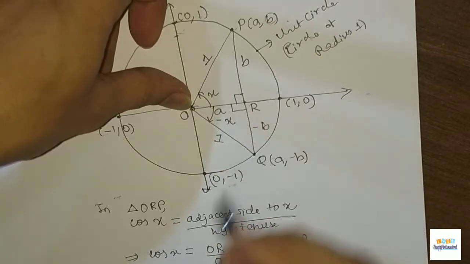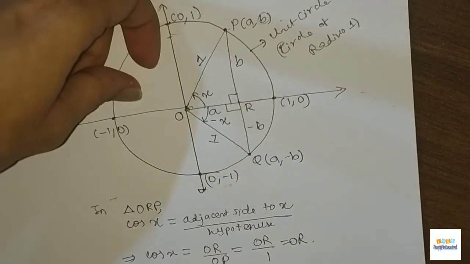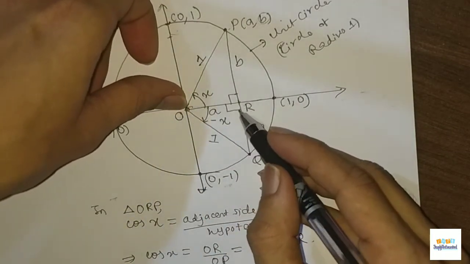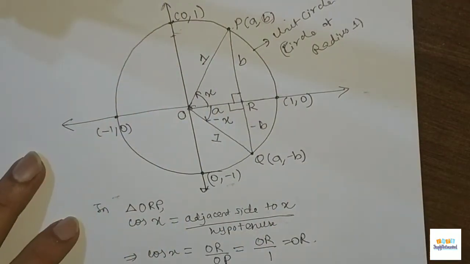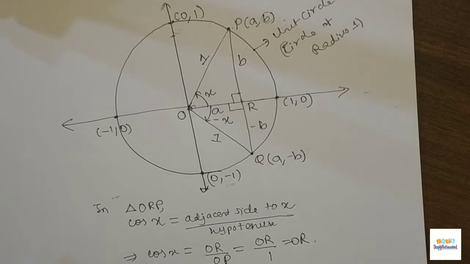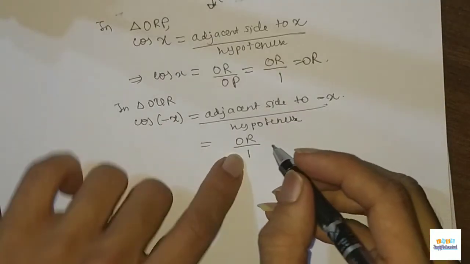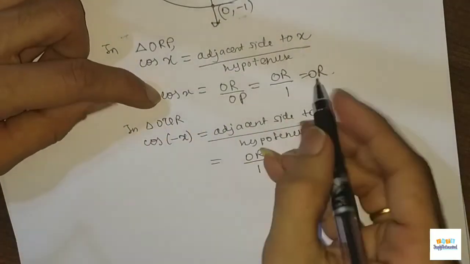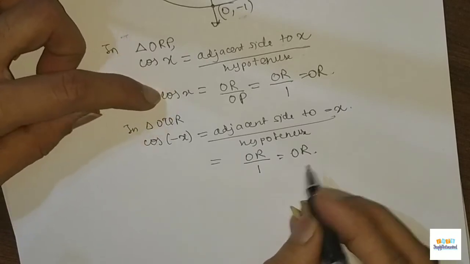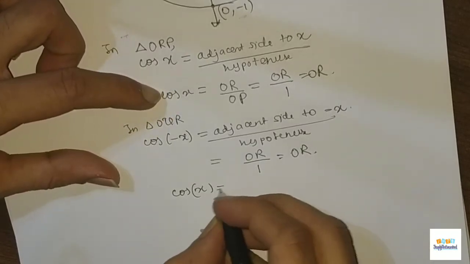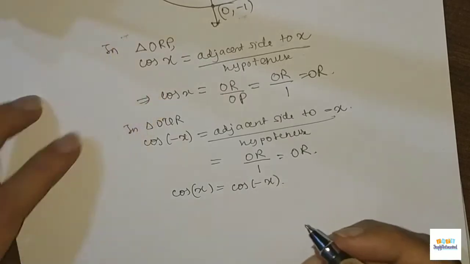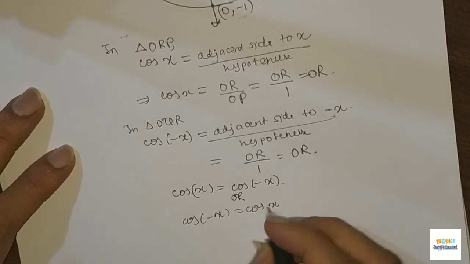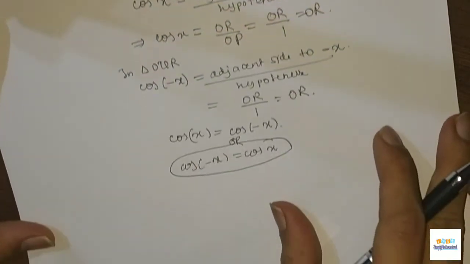So in triangle OQR, cos of minus x is adjacent, which is OR, divided by the hypotenuse, which is 1. So you get OR again. So cos x is equal to OR, and cos of minus x is also equal to OR. So cos of minus x is equal to cos x. This is the first formula.